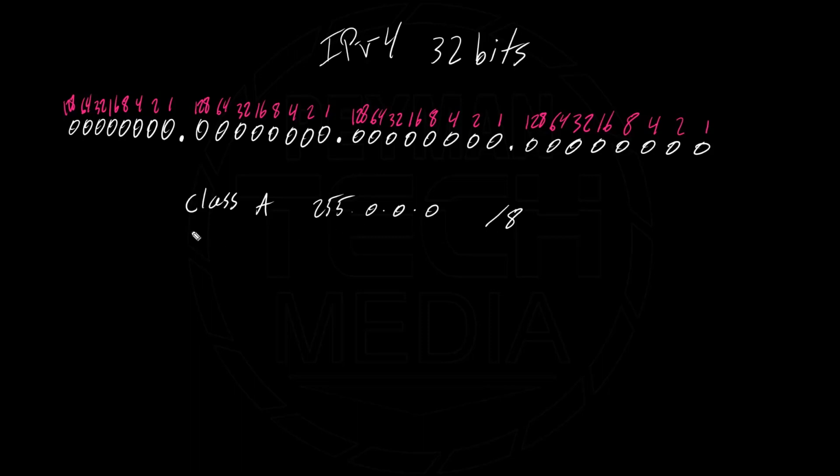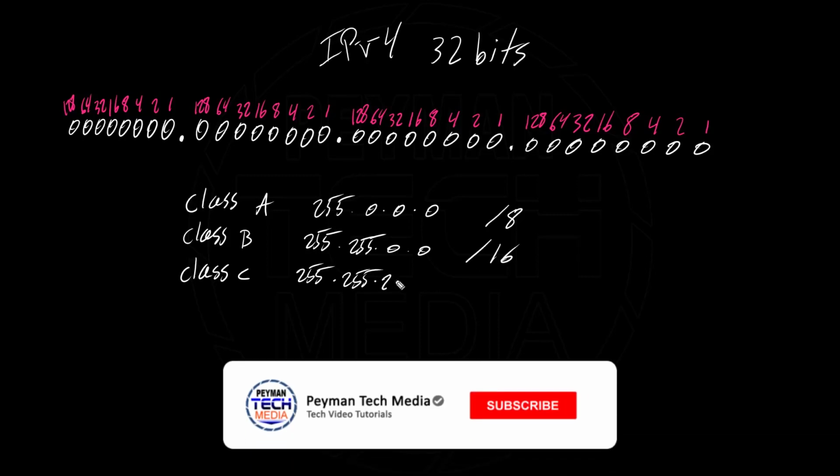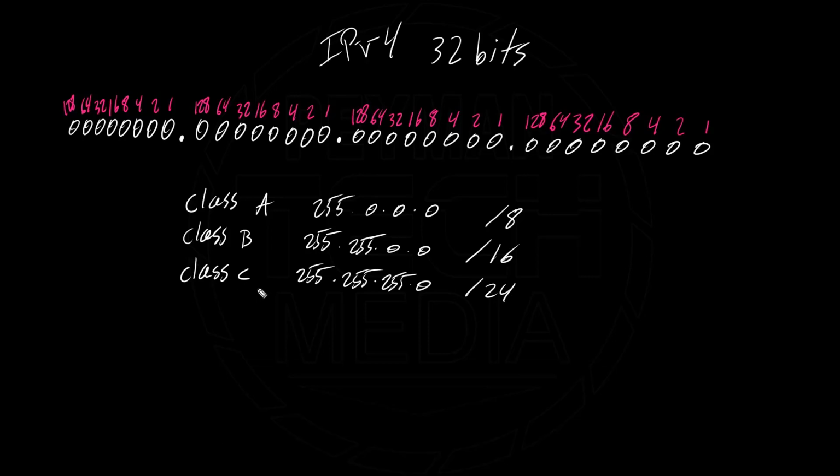And for class B, 255.255.0.0, we have only 16 bits for the network. And then class C, we have 255.255.255.0. We have 24 bits for class C.